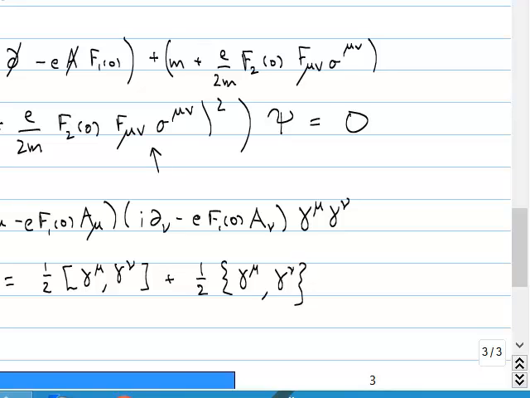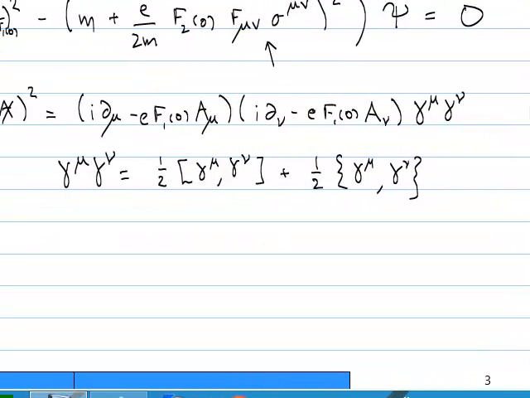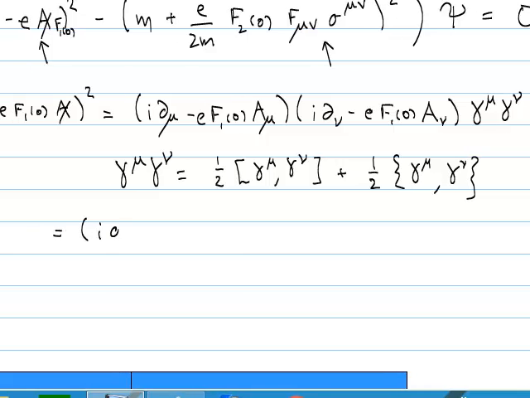What is the anti-commutator of gamma^mu with gamma^nu? That's just the metric, twice g^mu nu. So this is equal to i d_mu minus e F1(0) A_mu squared. That just comes from the anti-commutator. So that's just the usual Klein-Gordon operator.